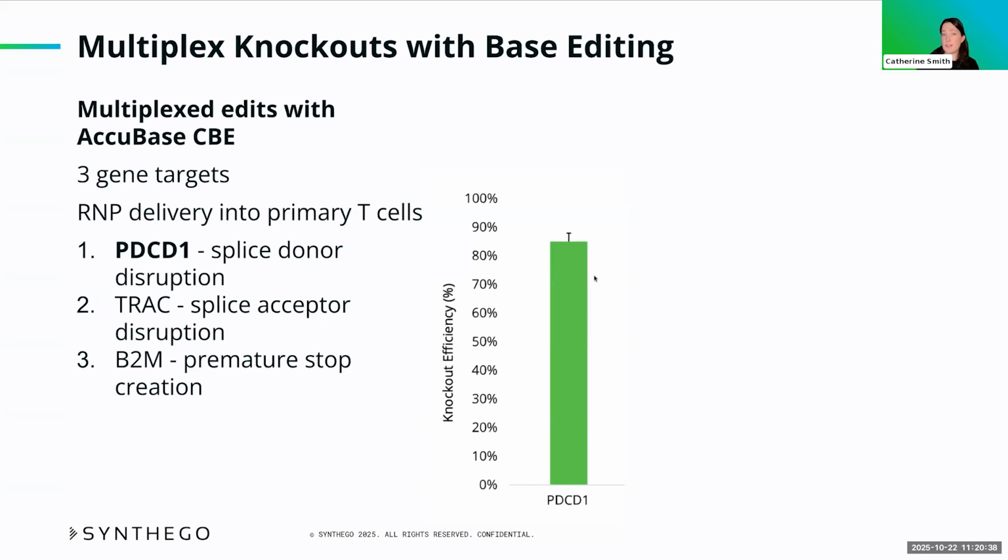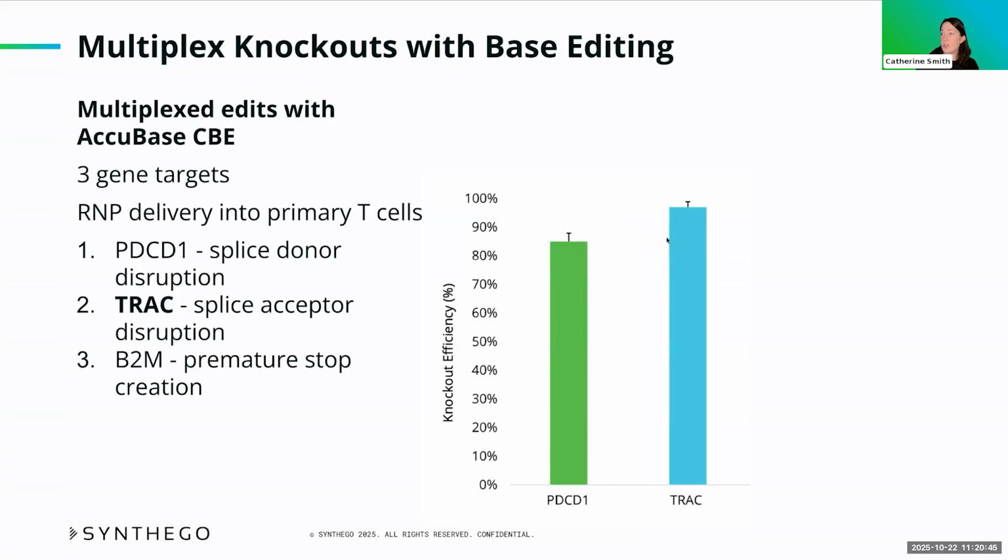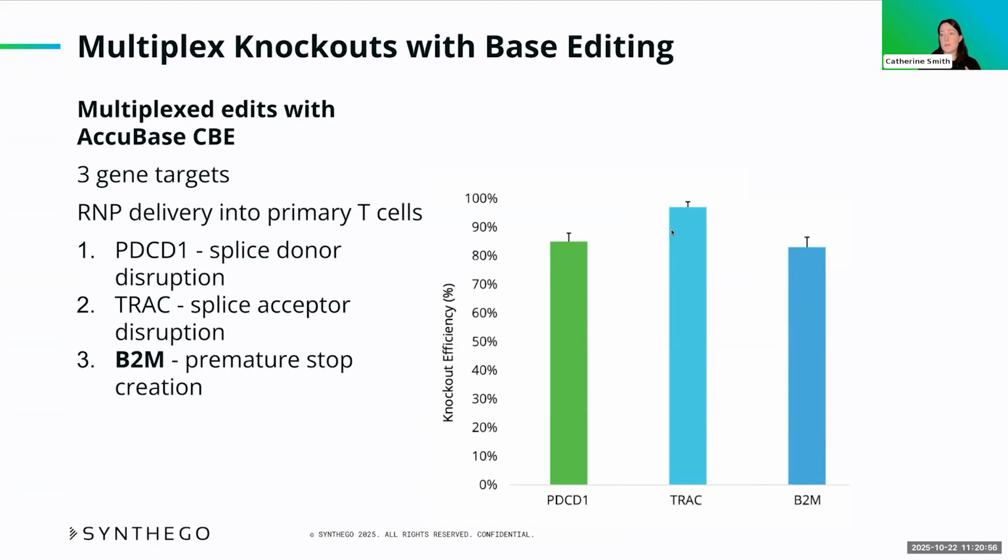This results in a single gene knockout efficiency of upwards of 80%. The second gene, TRAC, was disrupted by editing a splice acceptor site. The efficiency of this single gene knockout is even higher. The third gene, B2M, is disrupted through the creation of a premature stop codon. This also delivers a single gene knockout efficiency of about 80%.